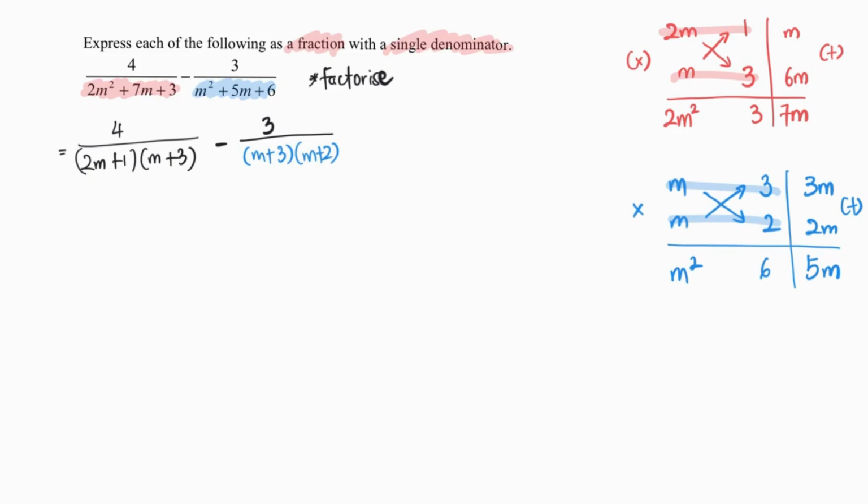And at this point, I observe that m plus 3 is a common factor. All I have to do to make them the same denominator, I will just need to multiply by 2m plus 1 here, and m plus 2 here.